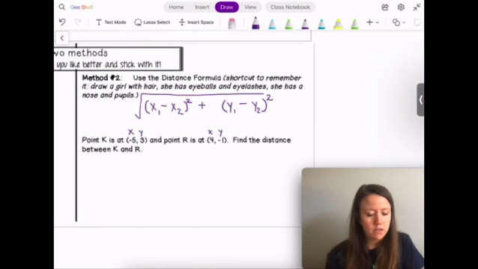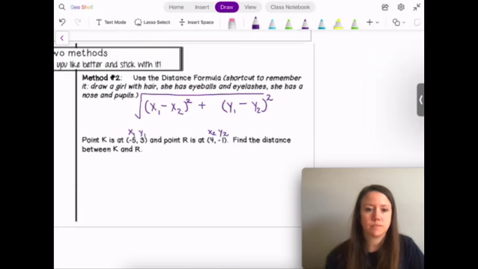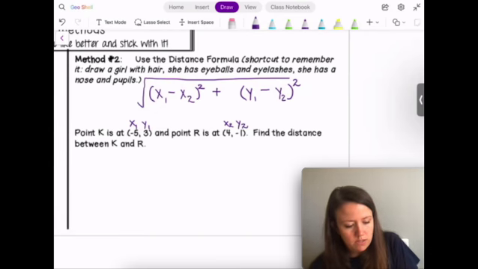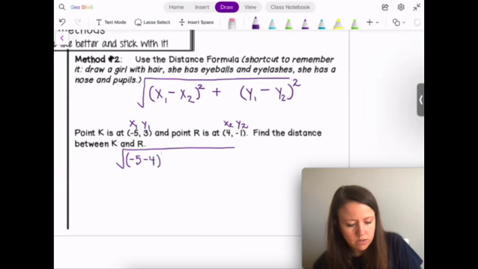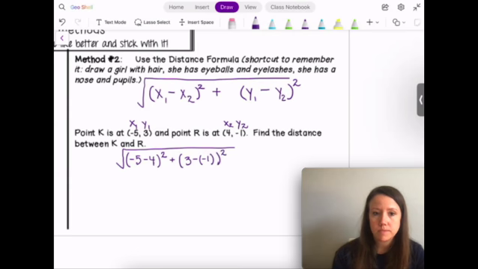for our example. And then I just label them 1 and 2. Let's zoom in a little bit for that. 1 and 2. So then, using that formula, -5 minus 4 squared, I use the eyelashes there, plus 3 minus -1, close off the eyeball, squared.